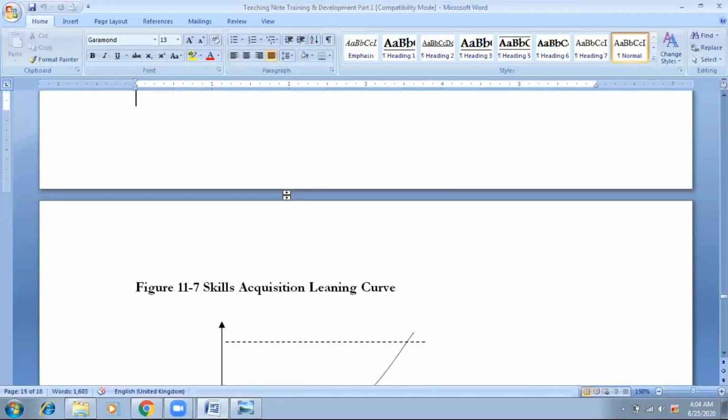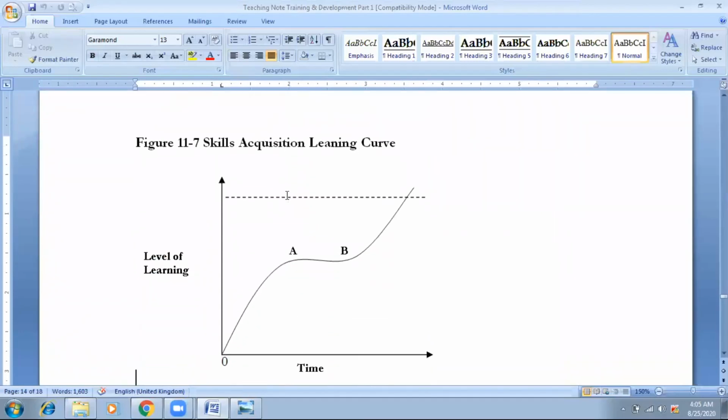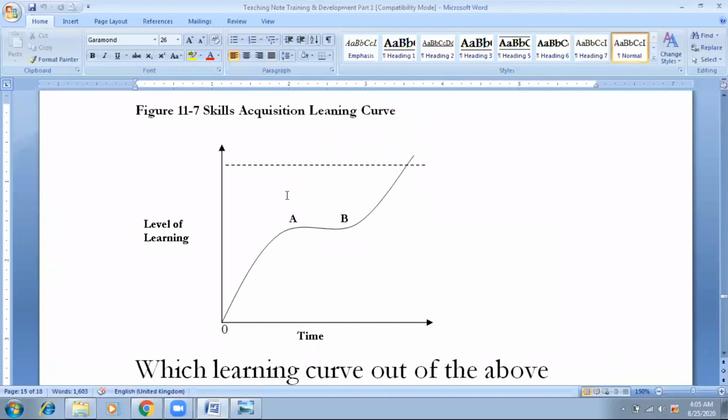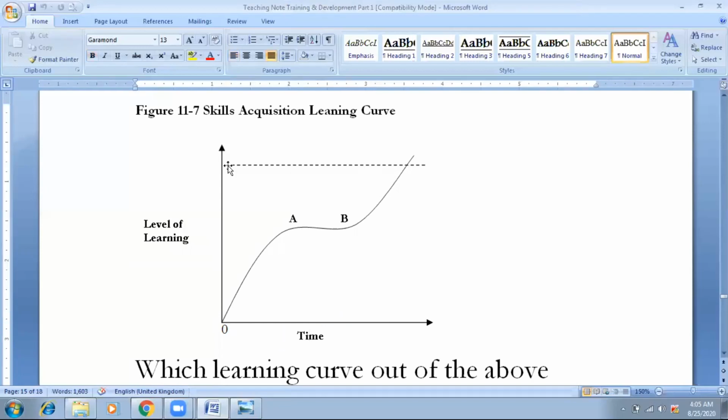Skills acquisition learning curve. This is a special learning curve. Here you can see the level of learning, and here time. So this is the curve. There is this dotted line, which indicates a certain expected amount of learning.